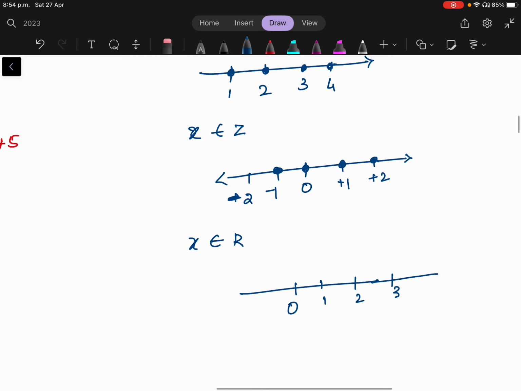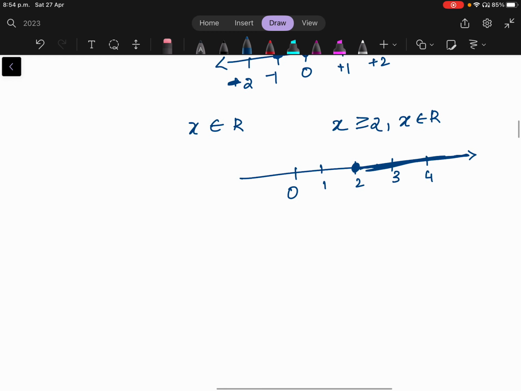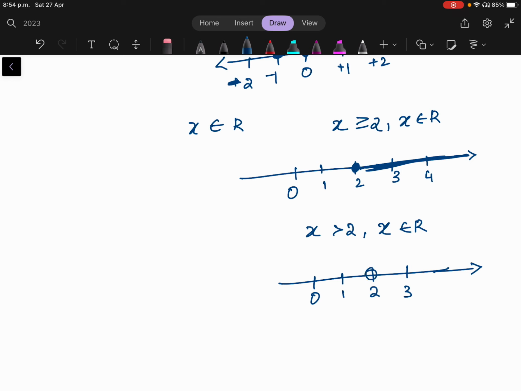1, 2, 3, 4, and if the inequality is x is greater than or equal to 2, x is an element of R, because it is an element of R and it is greater than or equal to 2, you mark a black dot here and then darken this whole line till the end. Suppose it is x is greater than 2, x is an element of R, then it is the same thing, but you draw an open circle here.